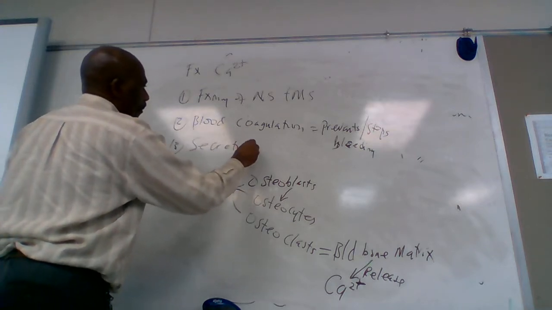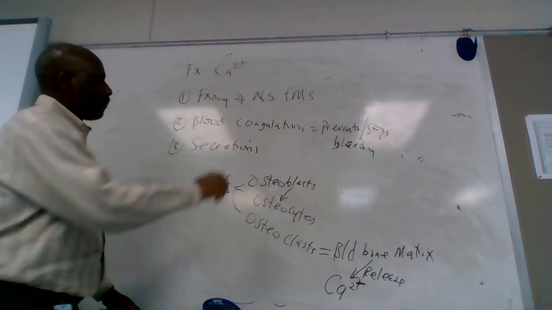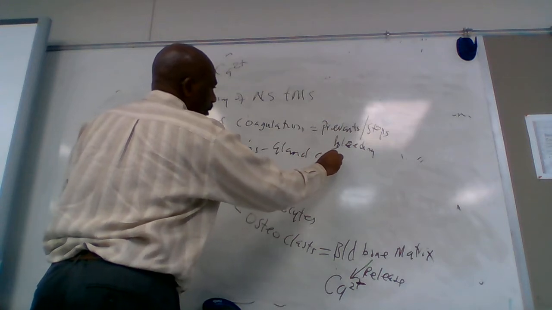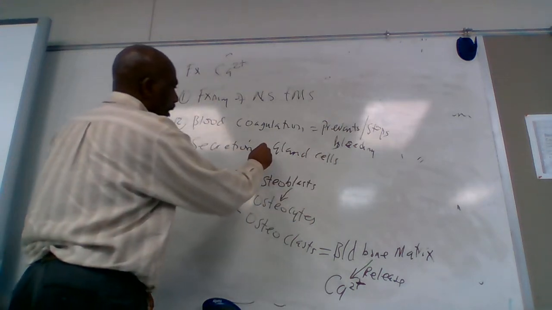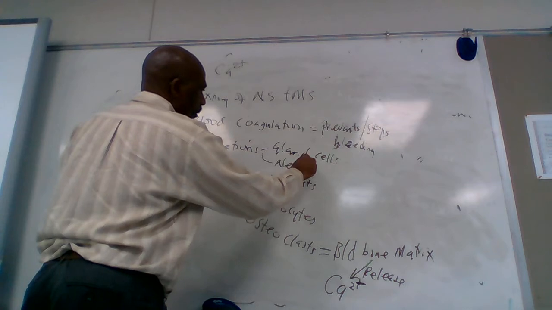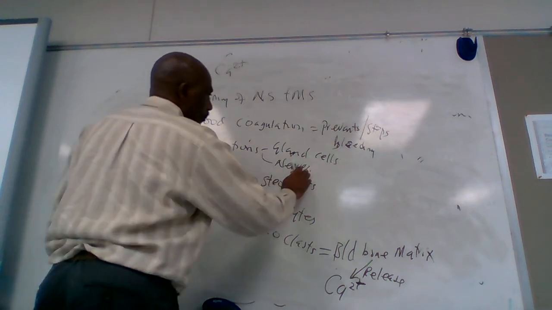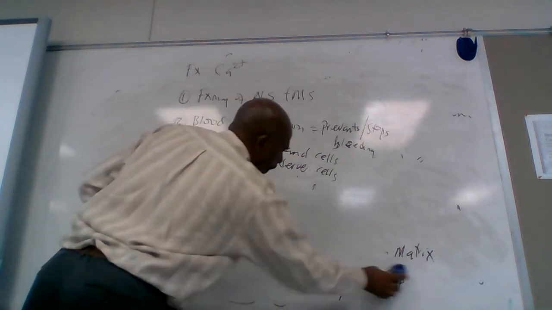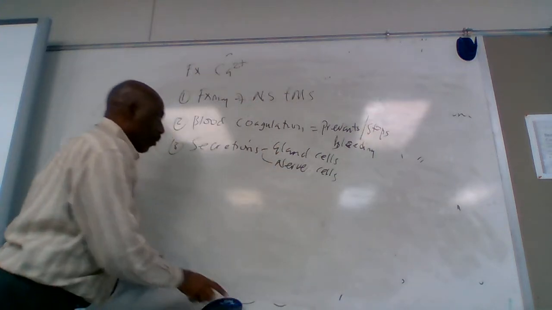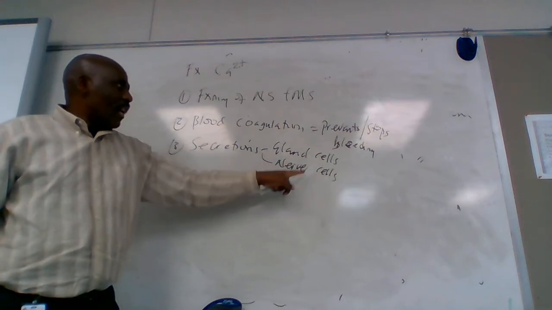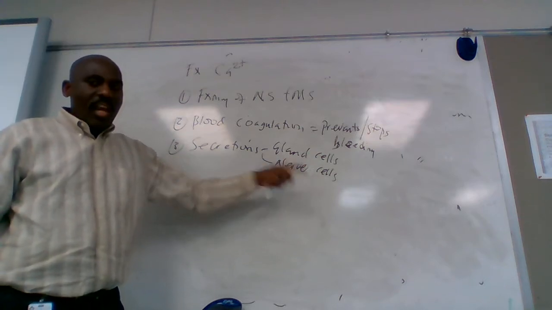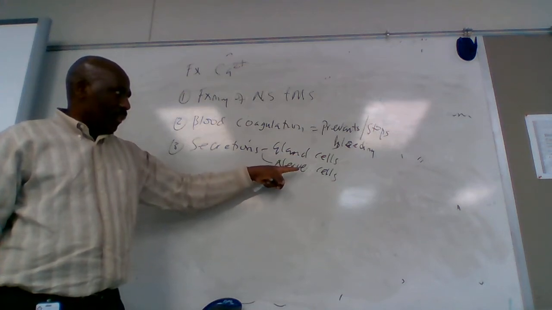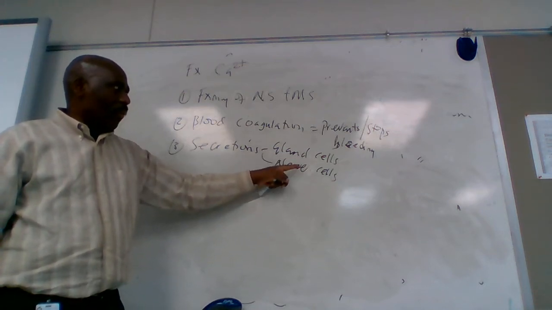Number three, secretions. Gland cells and nerve cells secrete chemicals that are required for their functioning.